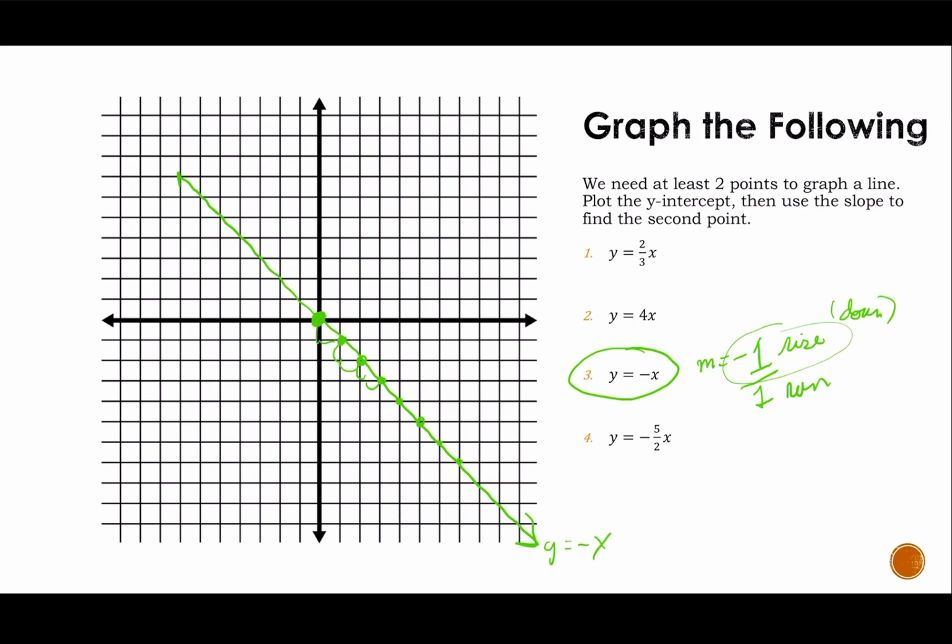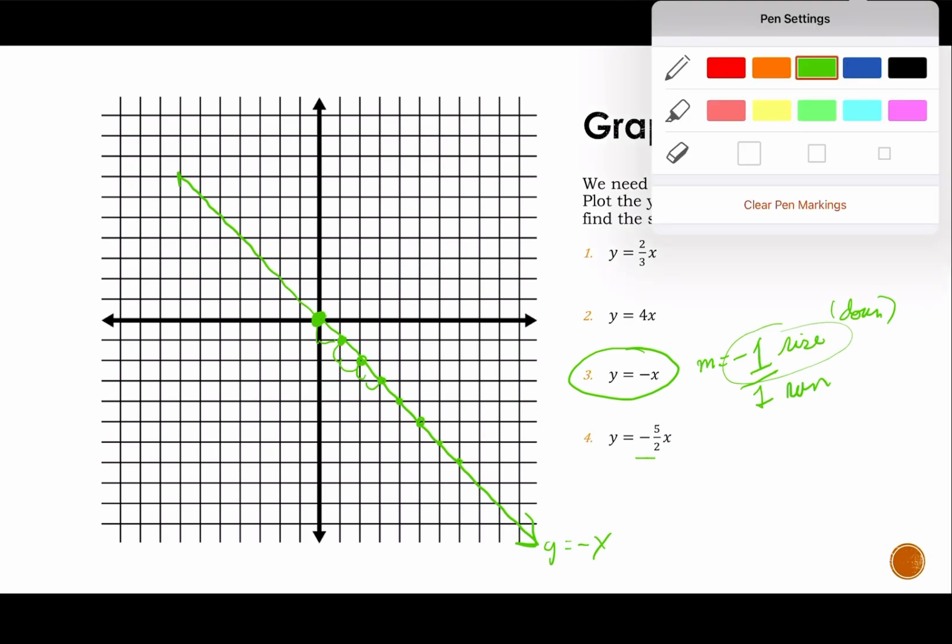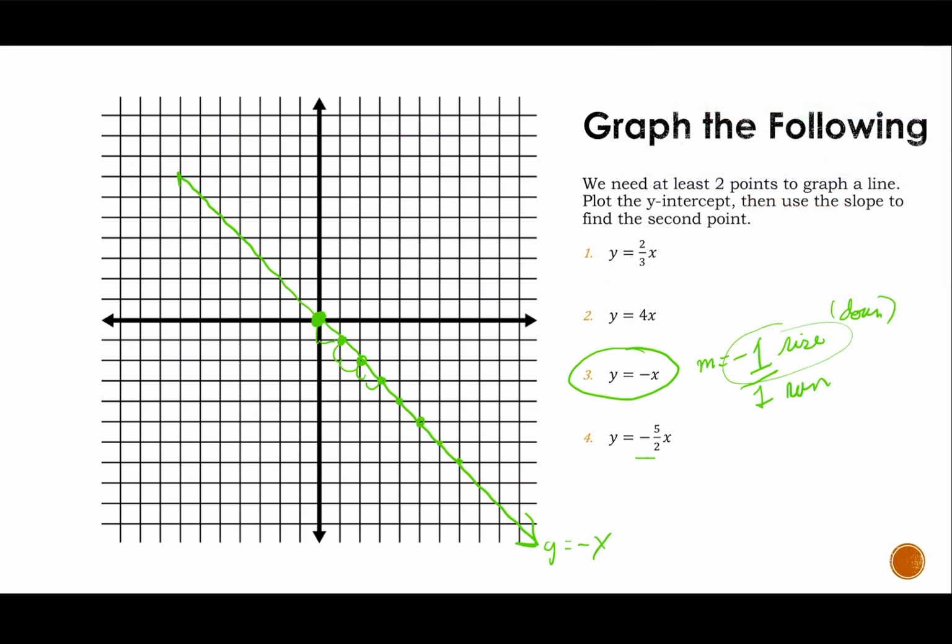Next, I have y equals negative 5/2 x. Now that is steeper than negative 1. So it's going to go downhill at a greater rate. It's going to be steeper because negative 5/2 is greater in magnitude than negative 1. So we're going to go negative 5, down, and then 2 to the right, right? We always go to the right because our slope is our rise over our run. My y-intercept is 0.